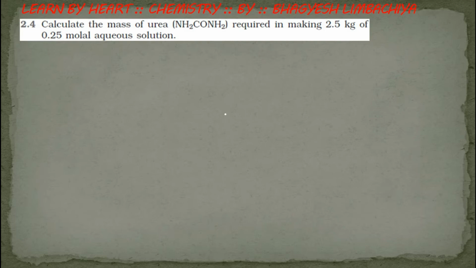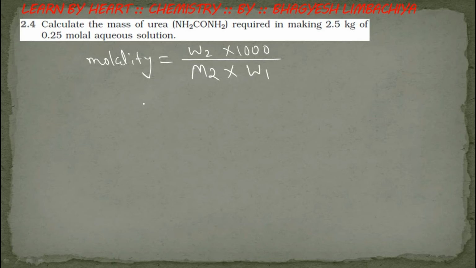So simply the formula of molality is applied. Mass of urea is asked, multiplied by 1000, M2 molecular mass of urea into mass of solvent.